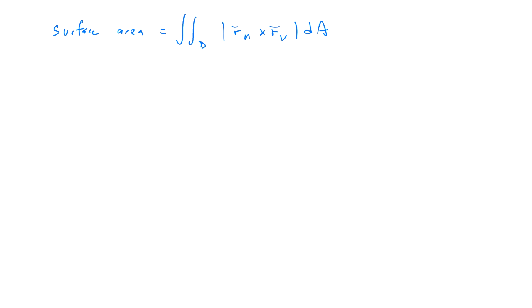Here it's in terms of u and v, what I've just written, but we have really theta and phi. So what we need is the derivative of r with respect to phi.